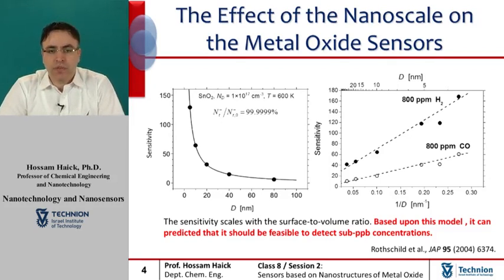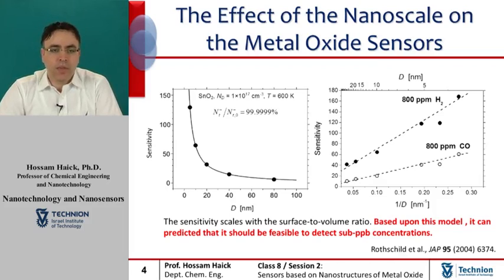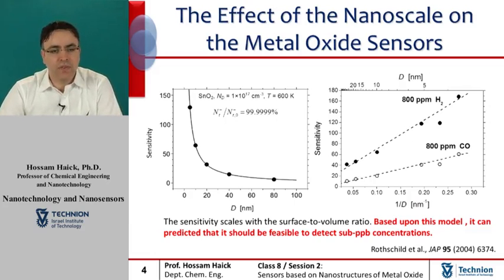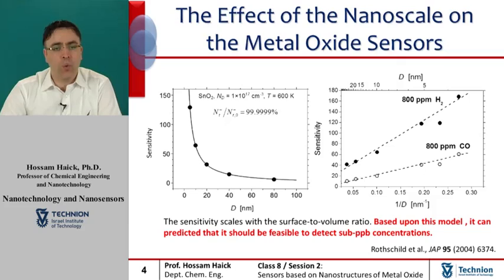The presented graph shows the calculated sensitivity for a tiny change in the surface trap density by only 1 ppm. You can see that this seemingly insignificant difference is amplified by many orders of magnitude and gives rise to large variations in conductivity by a factor of 130 for 5 nanometer grains.